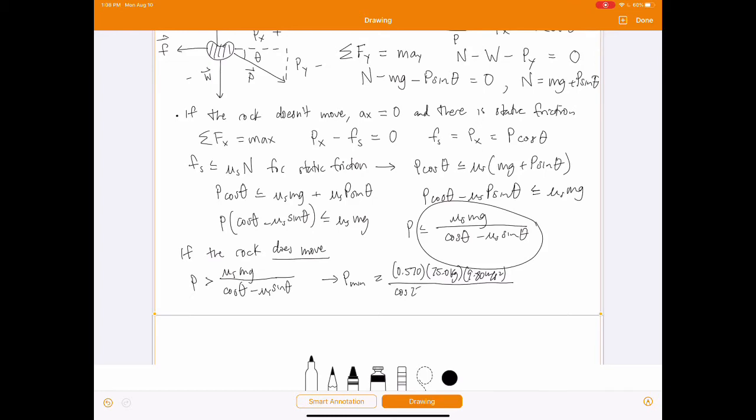Cosine of 27.5 degrees minus 0.570 times sine of 27.5 degrees. And what does that give us? It's about 672 newtons to get the rock moving.